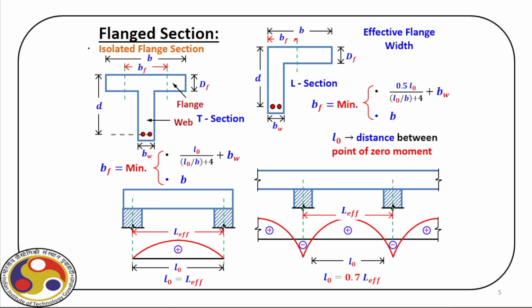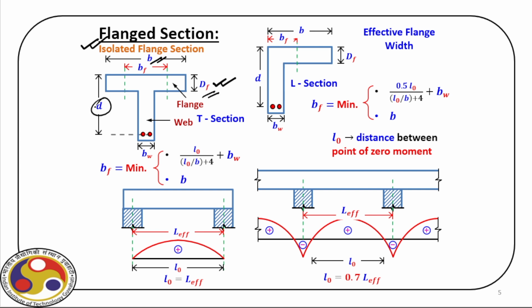Let us first talk about the isolated flange section, where we have small b as the total width, and then bf is the effective width. There may be a situation where b is equal to bf, then obviously the total width is taking part in bending, but normally bf is less than this total b. And then for this geometry we have capital Df, that is the total depth of the flange.